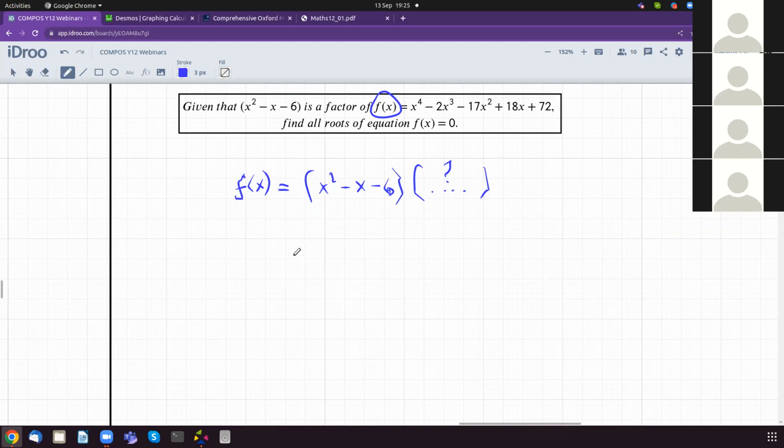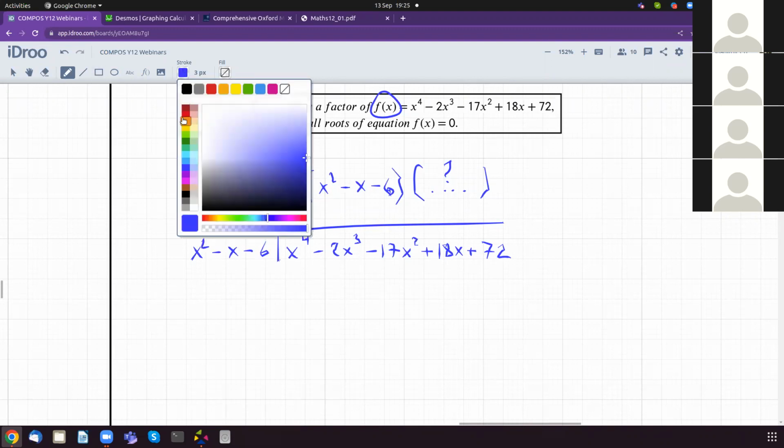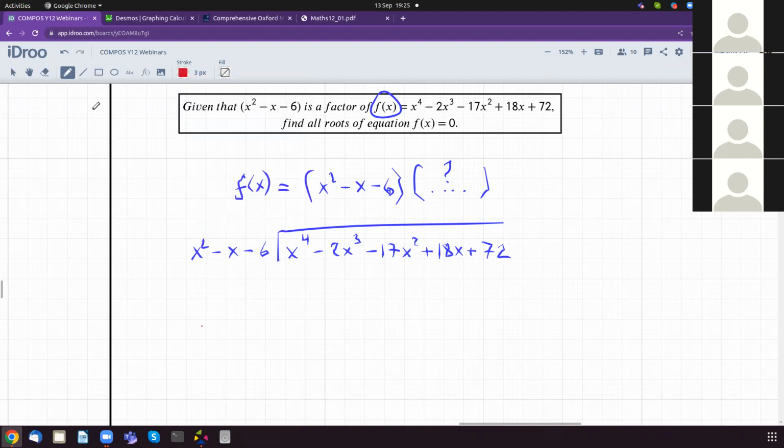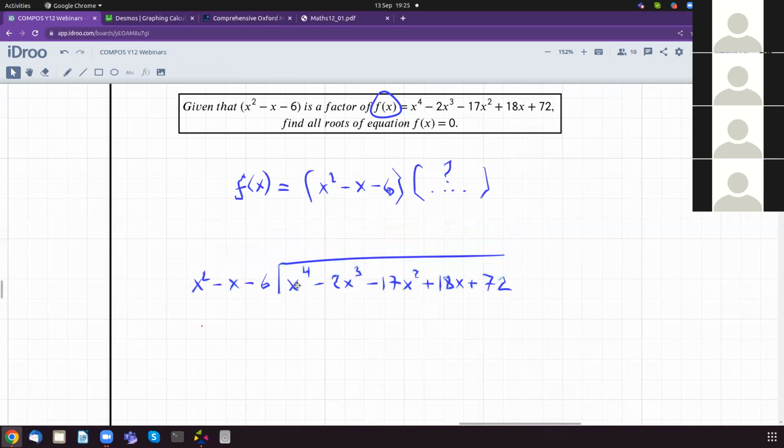So x to the power 4 minus 2x cubed minus 17x squared plus 18x plus 72 divided by x squared minus x minus 6. This long division is not harder than regular long division. You need to divide this polynomial by this polynomial.